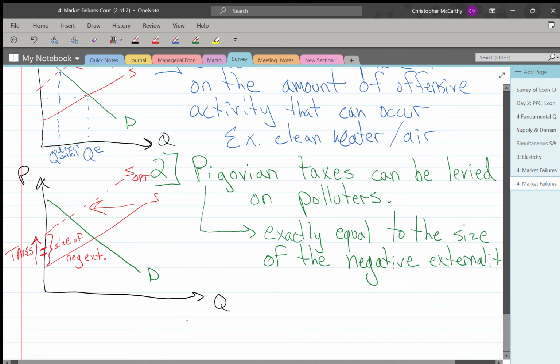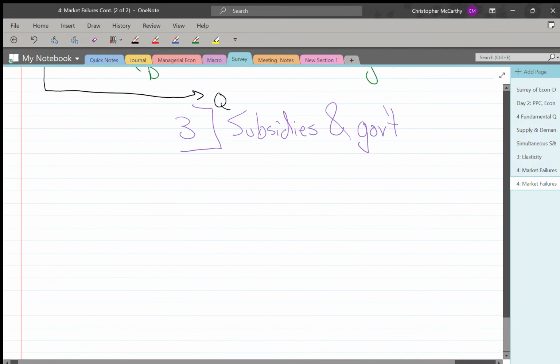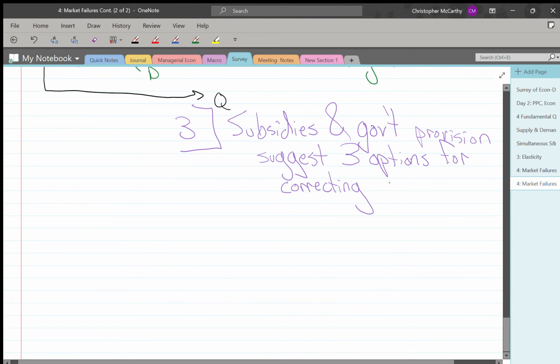So 3 subsidies and government provision suggest 3 options for correcting positive externalities. What are those 3 options?